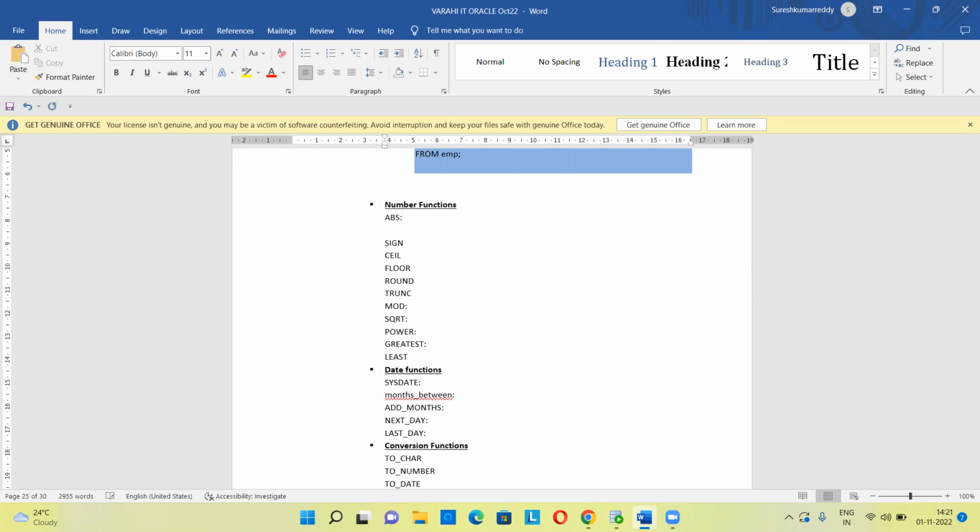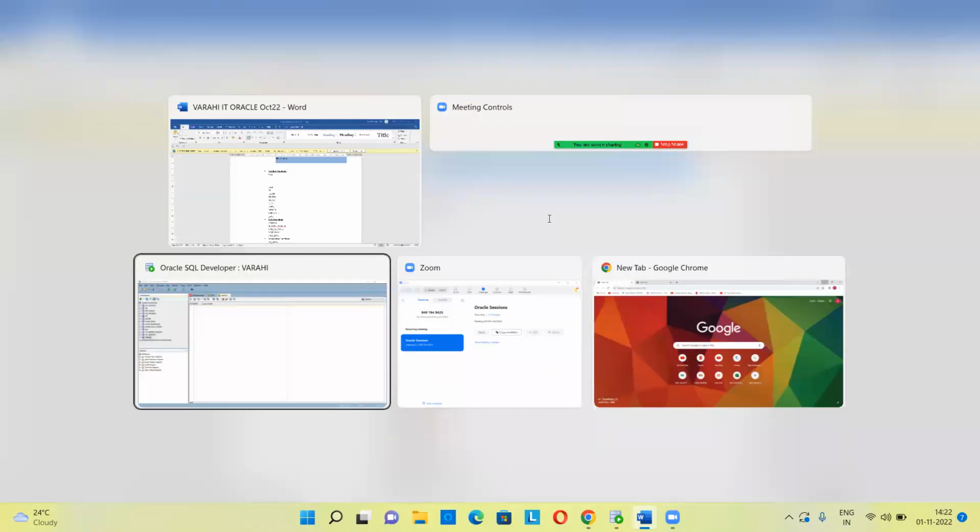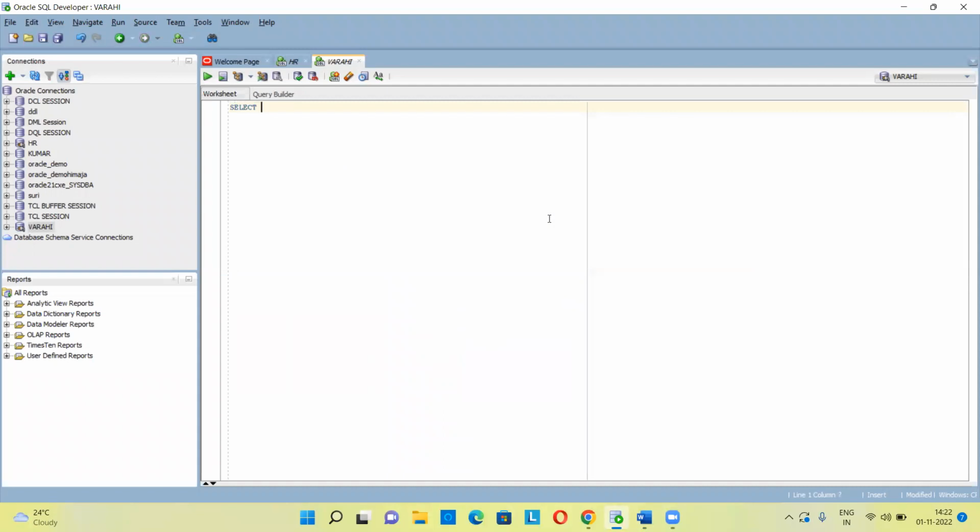Very simple functions. The name itself says they are number functions, so we are going to work with numbers now. I don't want to tell anything about ABS, let me go to SQL Developer and write a direct example to see its functionality.